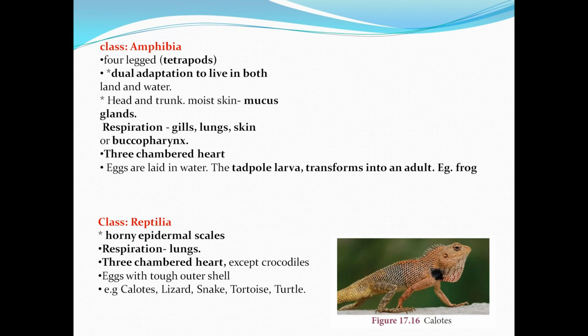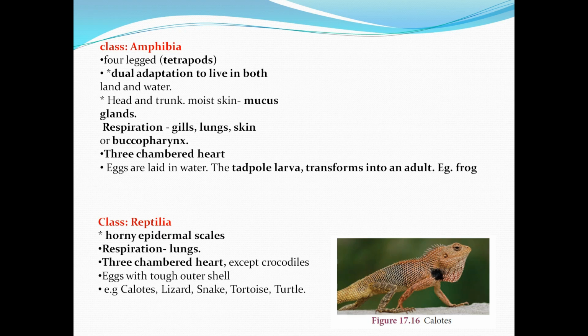Next we have class Amphibia. It comprises four-legged organisms called tetrapods, and they have dual adaptation to live both on land and in water. Their body is divided into head and trunk, and they have moist skin with mucus glands. They respire through gills, lungs, skin or buccopharynx.